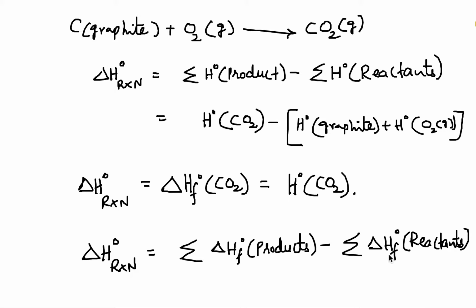So why are we using the summation here? In many reactions, we have more than one product and we have more than one reactant. And one more thing here, we must consider the summation involves every product and every reactant, including their entire moles. So therefore, the formation is actually defined for 1 mole of the substance.